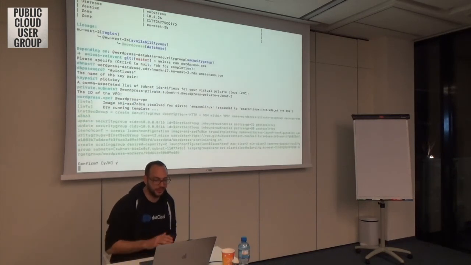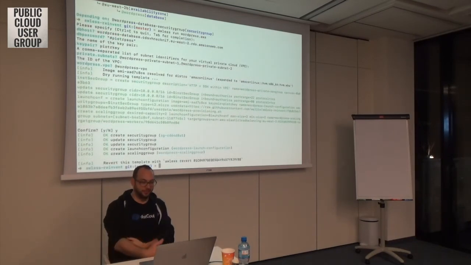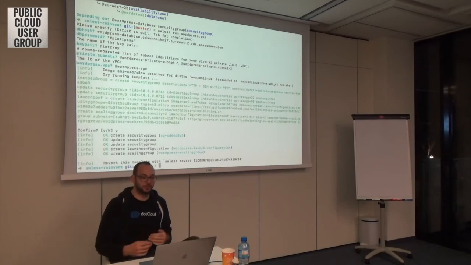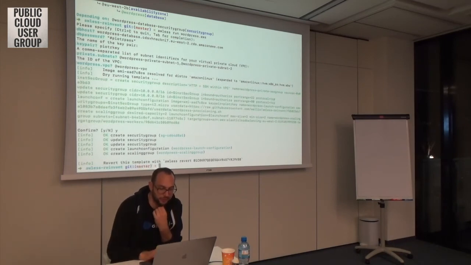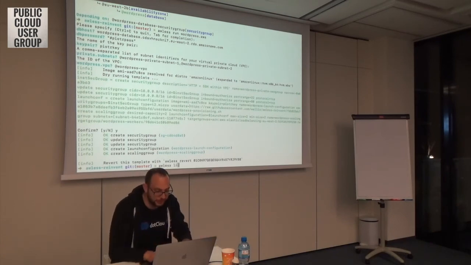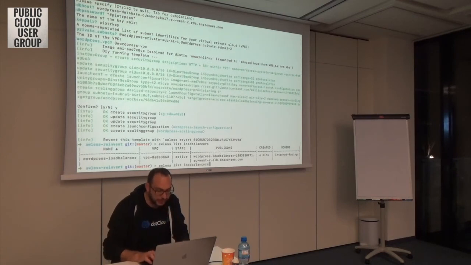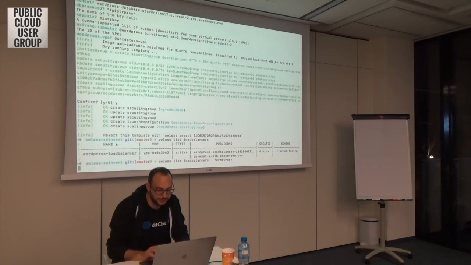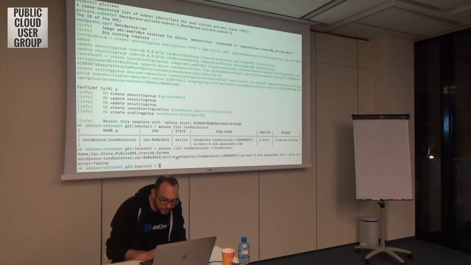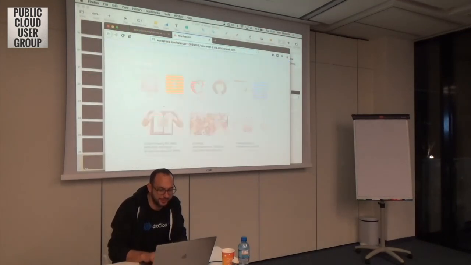Here I confirm that this is what I want to do, and finally I'm creating my instance, which is running WordPress. The only thing I need to do is list my load balancers. I found this, and I want to copy-paste it, so it's easier in CSV. I grab just this, and here I am.